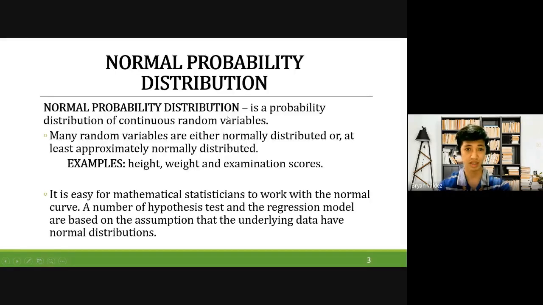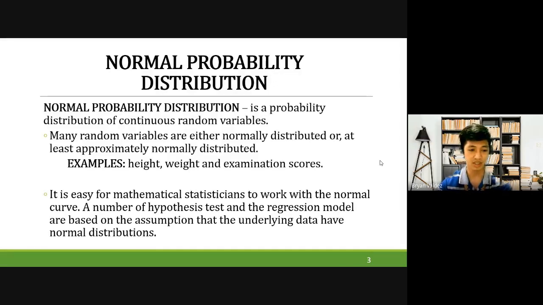Many random variables are either normally distributed or at least approximately normally distributed. Examples of continuous random variables are height, weight, and examination scores. Everything na infinite and then na-measure siya using a measuring tool.